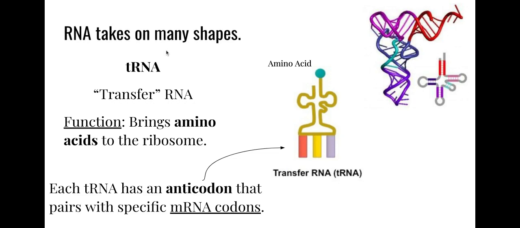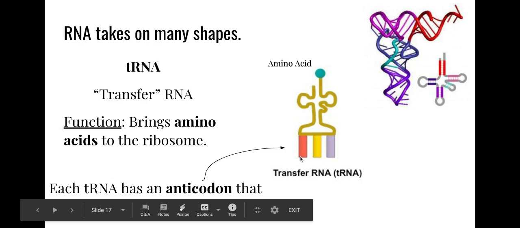So far we've talked about mRNA and rRNA. Now we have tRNA. tRNA stands for transfer RNA. Its major function is to bring amino acids into the ribosome based on what the ribosome says it needs. Each tRNA has an anticodon that is complementary to a codon on an mRNA molecule.